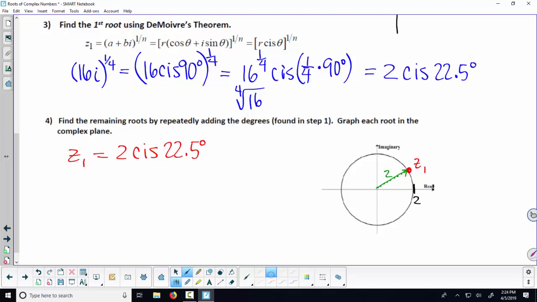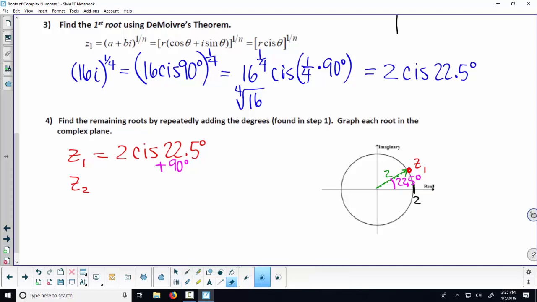Okay, and this complex number has a direction angle of 22.5 degrees. So if I want to find my next root, then I know they are evenly spaced about the circle. From my first root, I add 90 degrees because they're evenly spaced 90 degrees apart.